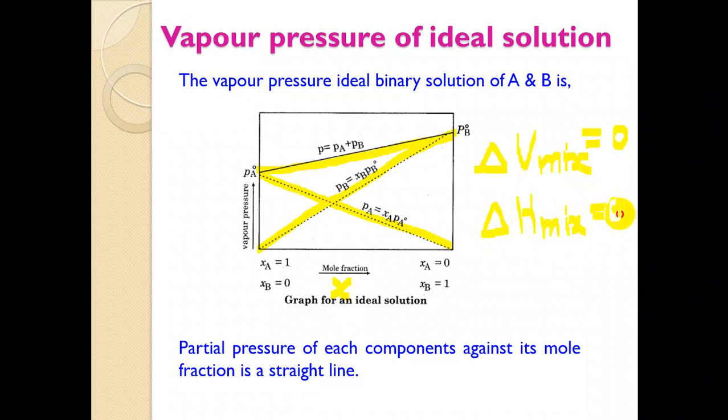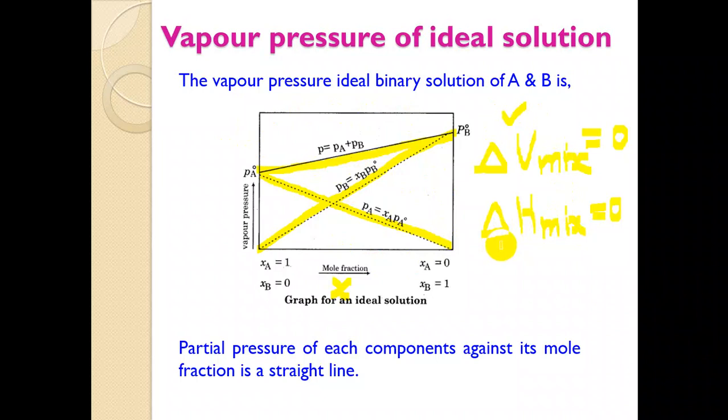If the enthalpy change during mixing is equal to 0, then also we can say the solution is an ideal solution. So for finding an ideal solution, we have three different parameters. Either you can check Raoult's law using this graph, or you can check delta V mix, or you can check delta H mix, right?